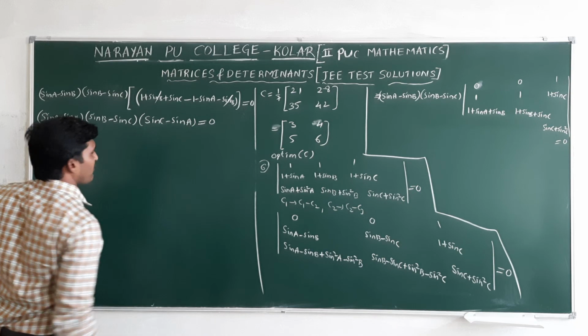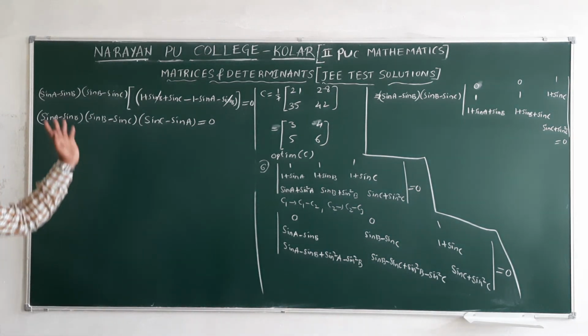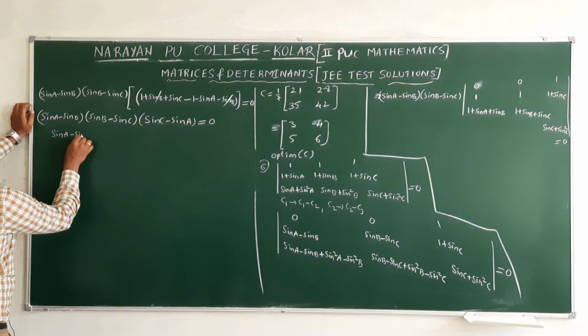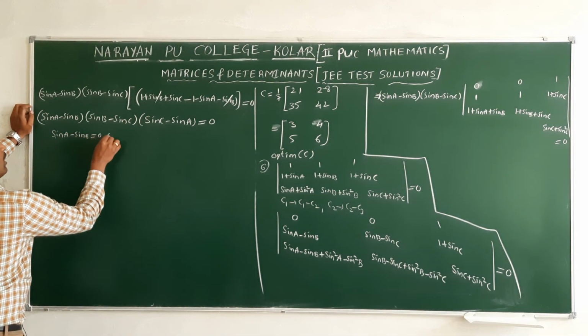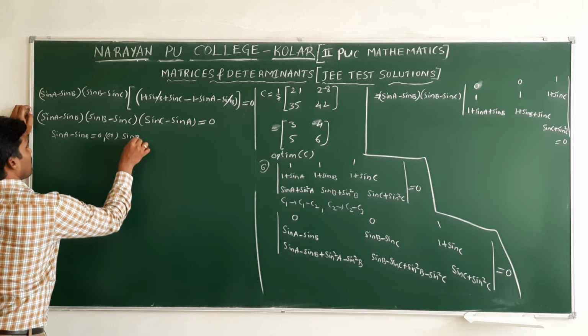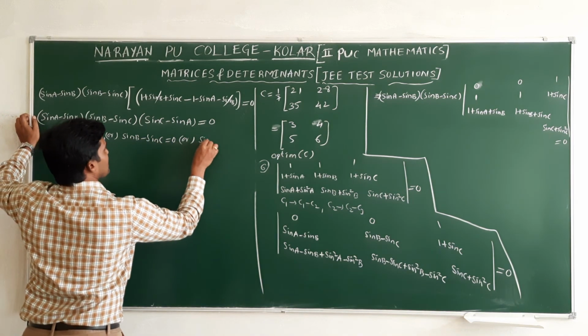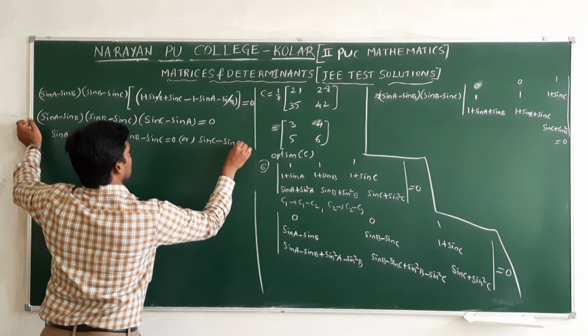The product of three factors is 0. Either the first factor is 0, or the second factor is 0, or the third factor is 0. Sin A minus sin B is 0, or sin B minus sin C is 0, or sin C minus sin A is 0.